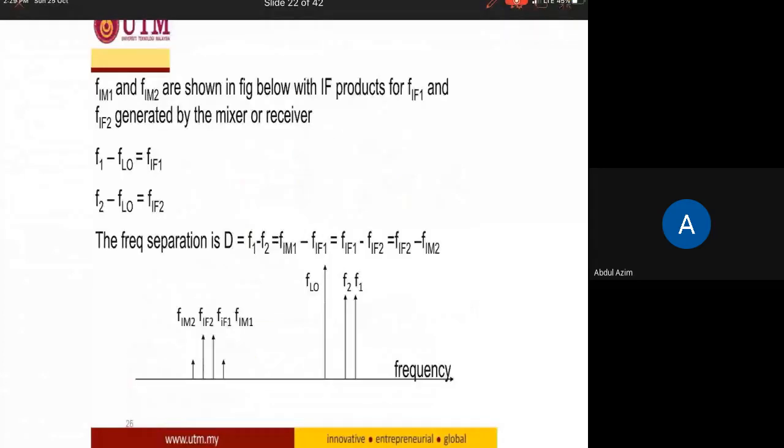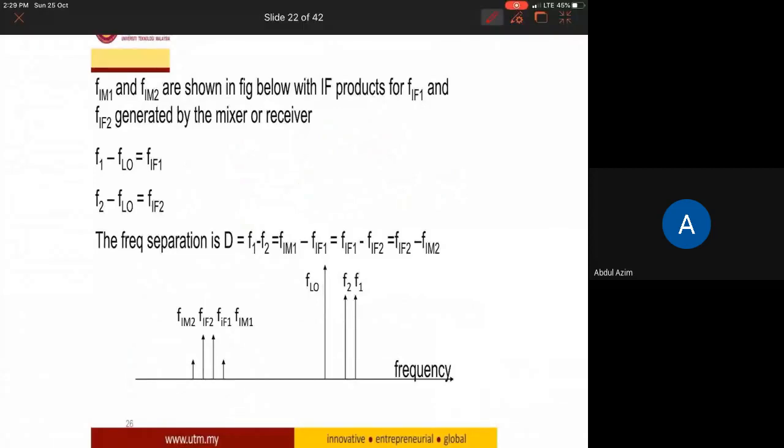So when we do mixing, this is the RF power with high amplitude, which we actually don't want. It's just used for the transmission. The thing that we want is only the intermediate frequency, which is only this part. But unfortunately, the image occurs at the side, for example, this may be due to the third order.